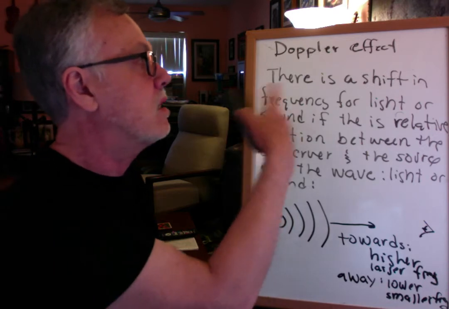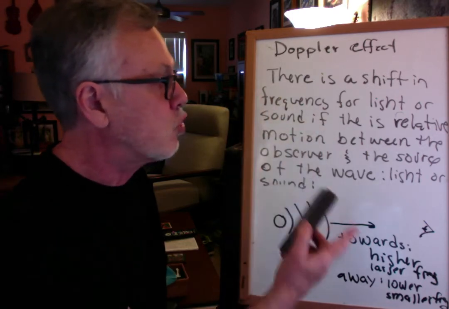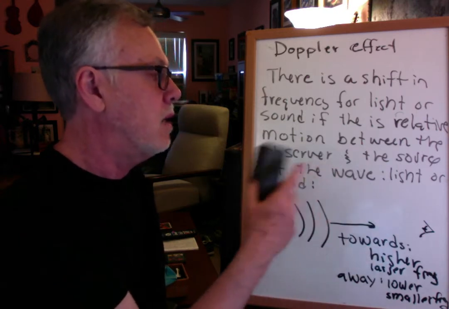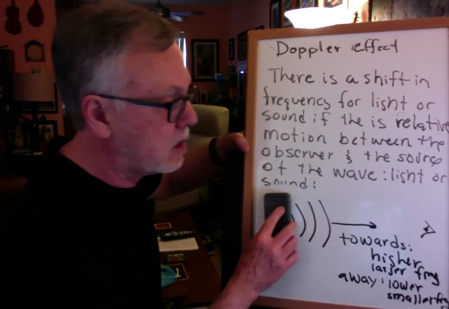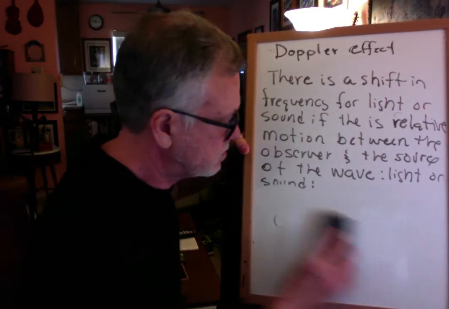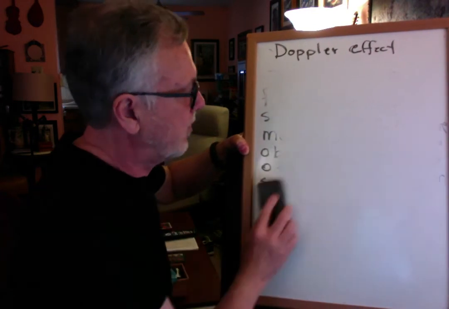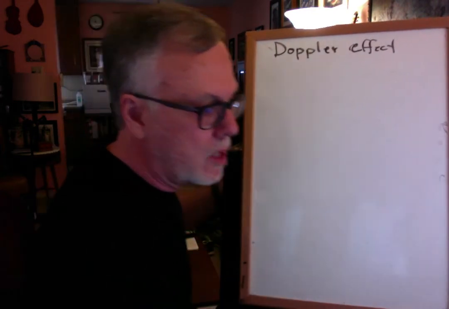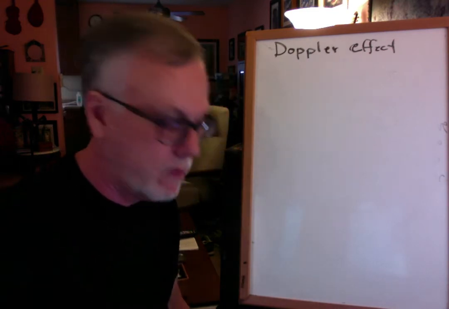So again, the Doppler effect is a shift in frequency for light or sound if there's relative motion between an observer and the source of the wave. In this case, let's say it's a star. So if I take a picture of the spectrum of a star, it'd be all the light of the star spread out into its respective wavelengths.